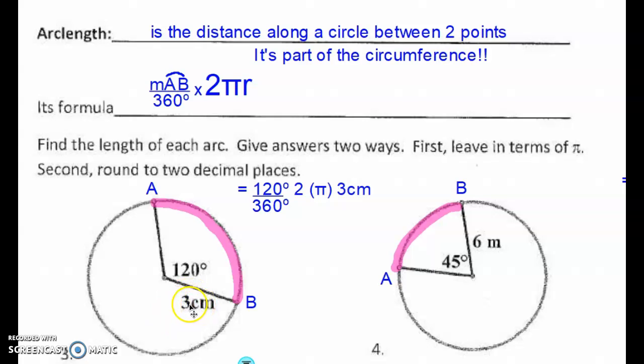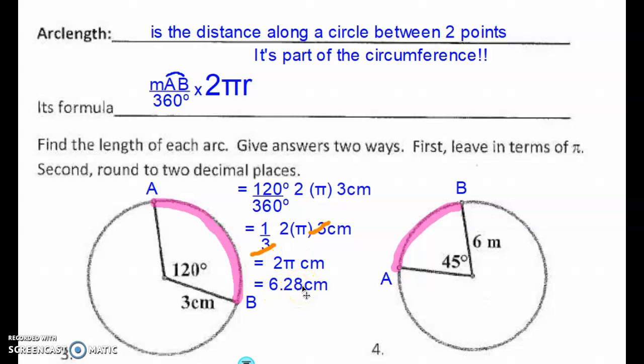See that? Well, if I reduce 120 over 360, that gives me a third. And watch this, folks. Bada bing, bada boom. These 3's are going to cancel. And look what we have left. 2 pi centimeters. That's one answer in terms of pi. And then twice 3.14 is 6.28.